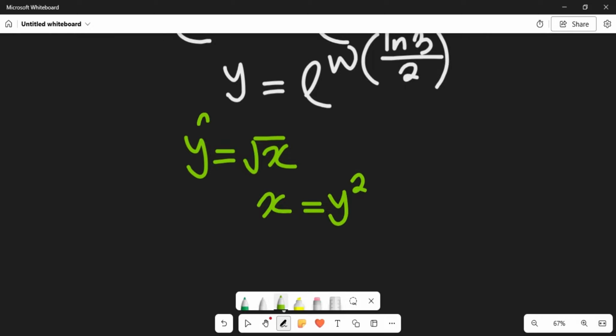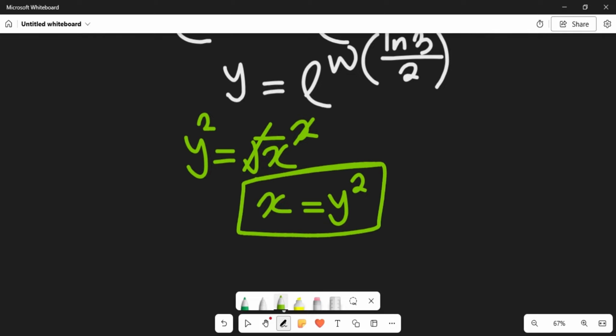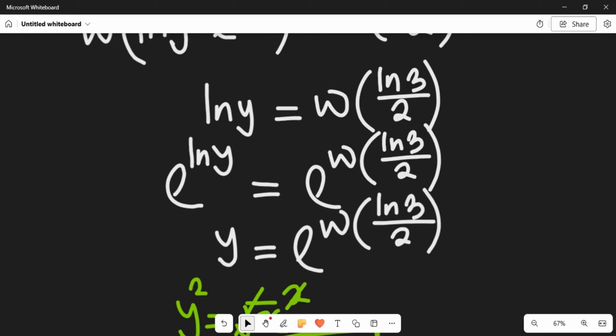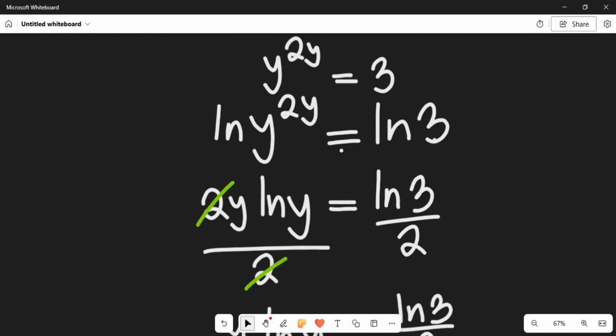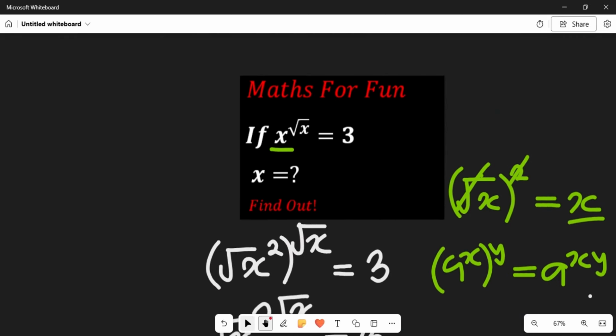Because we take the square of this and take the square of this, square root will cancel out square, and then x will be equal to y squared. So if x is equal to y squared, and remember we're looking for the value of x, and that is what the math expression wants us to look for.